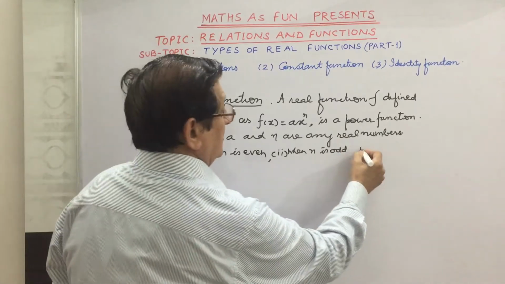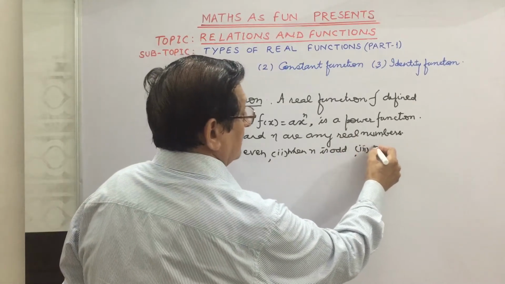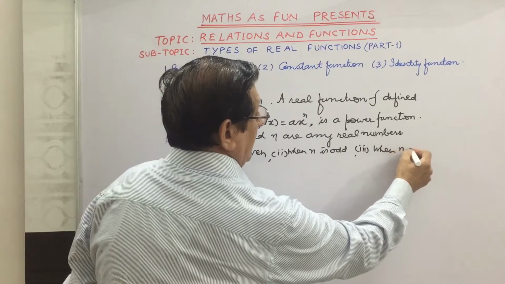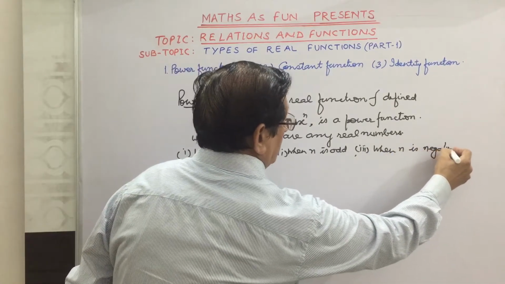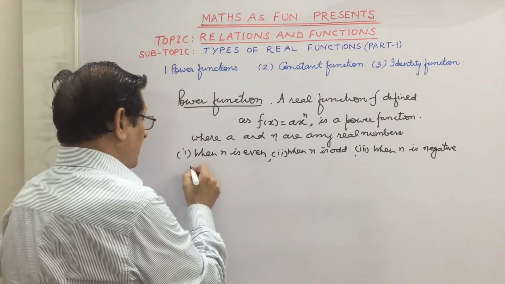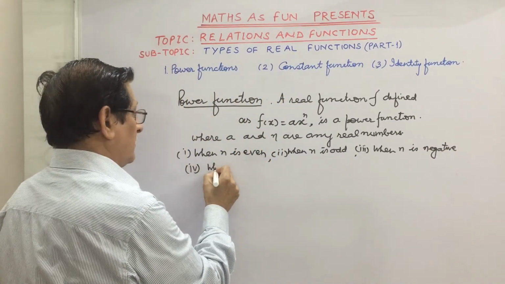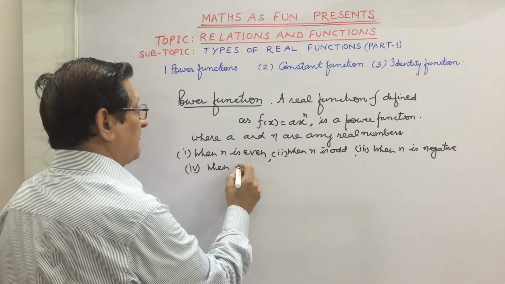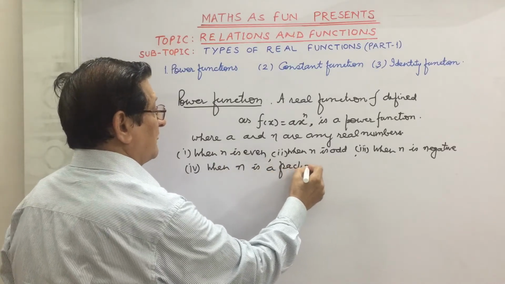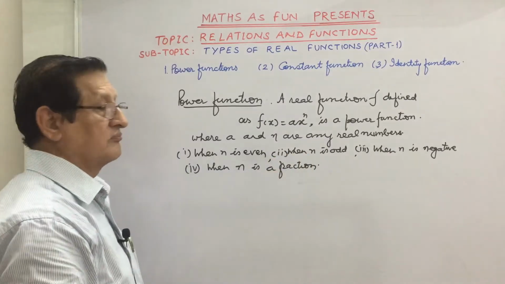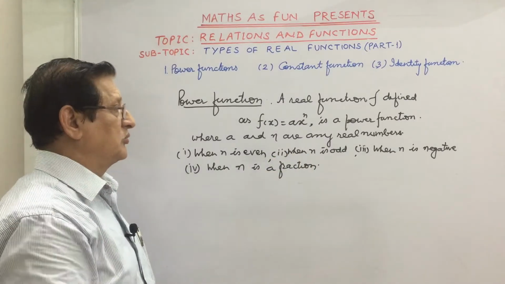Number three, when n is negative. And number four, when n is a fraction. Let's learn about them now.